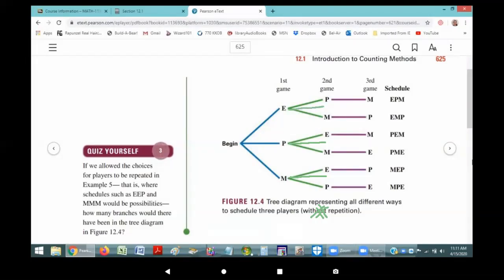In the first game, we could have E, P, or M. For the second game, now that repetition is allowed, we can have E, P, or M, regardless of what the outcome of the first game choice was.